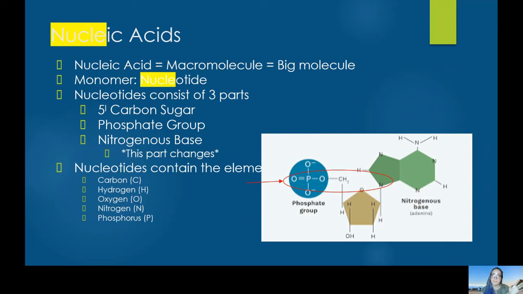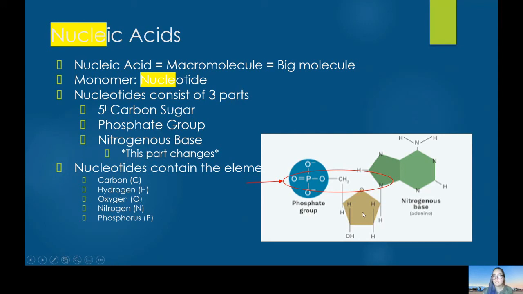So remember how the lipids had a two-part monomer, the glycerol and the fatty acid? Well, nucleotides are going to have three parts. They're going to have a 5-carbon sugar, a phosphate group, and a nitrogenous base. Now, the nitrogenous base is going to be different every time, and that is what's going to dictate which nucleotide that is, okay?